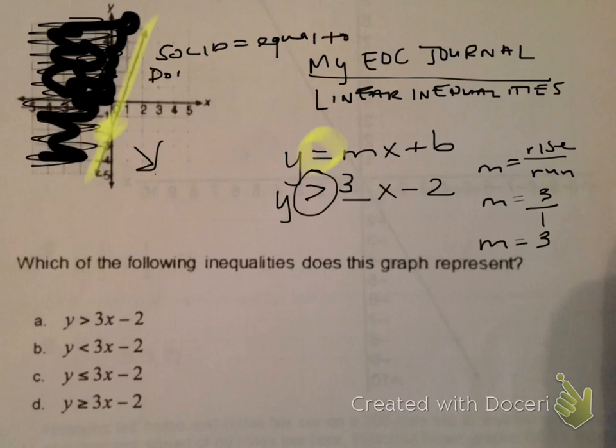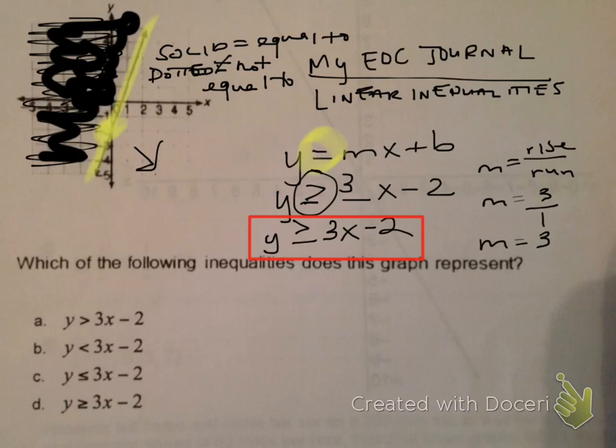If it's dotted, it is not equal to. So in this case, it's a solid line, so we put that equal to sign under there. So to clean it up, I now have y is greater than or equal to 3x minus 2. And that is my answer.